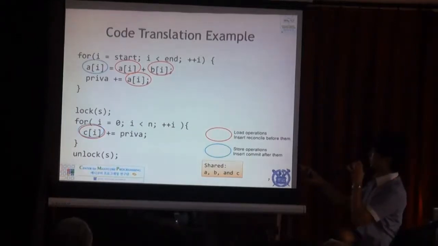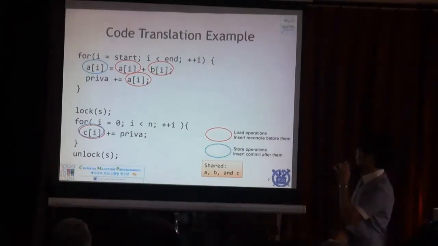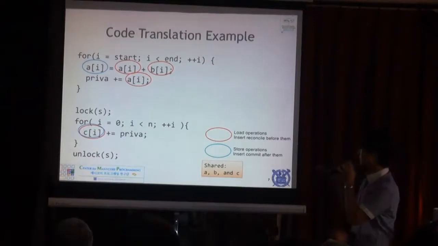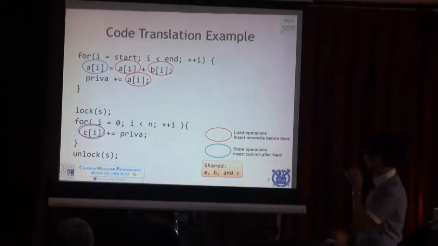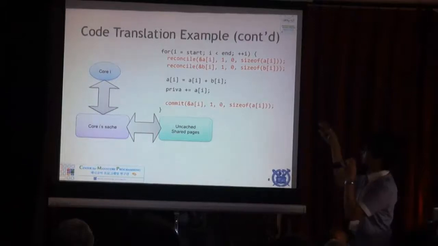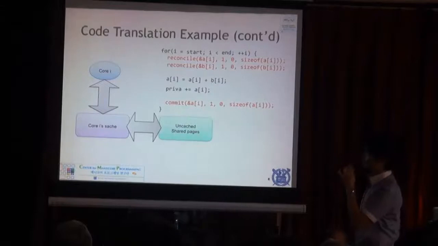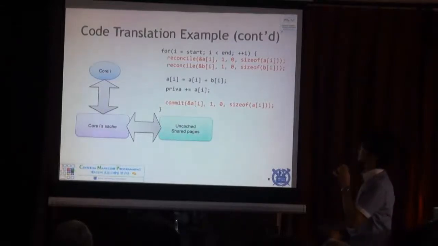The blue circles indicate store operations. As I said before, we need a commit operation after the store, so we insert a commit operation after that. So we inserted the reconcile and commit operations, and this slide shows how our software SVM works.